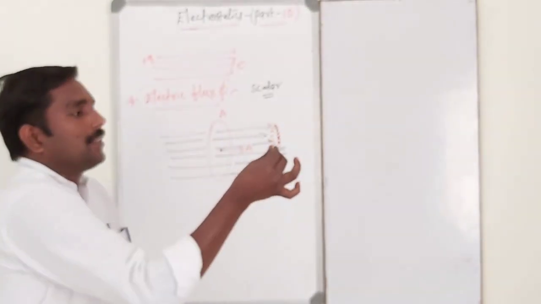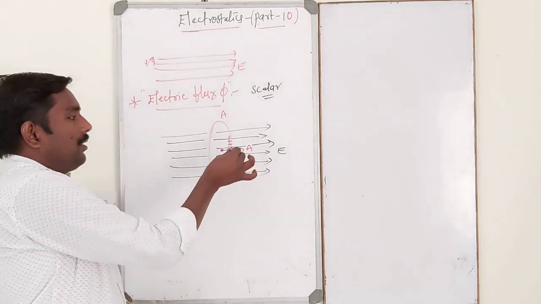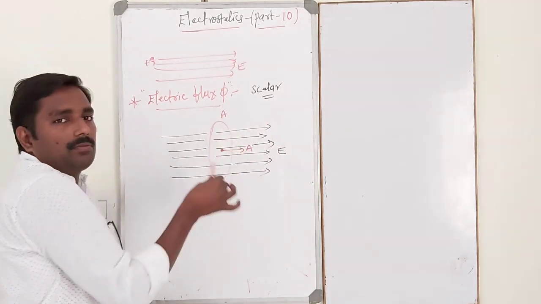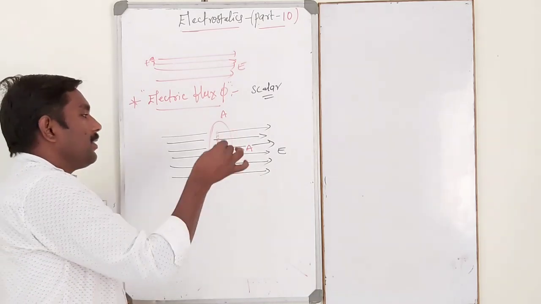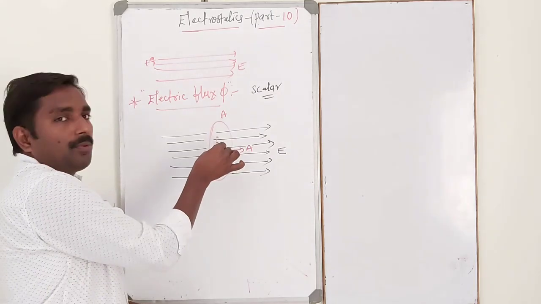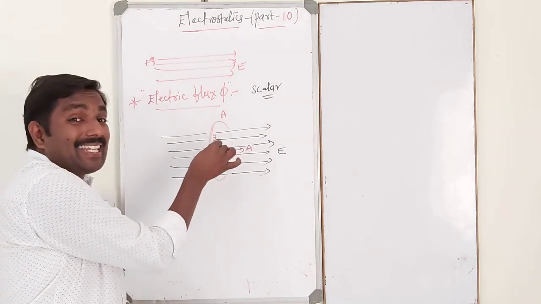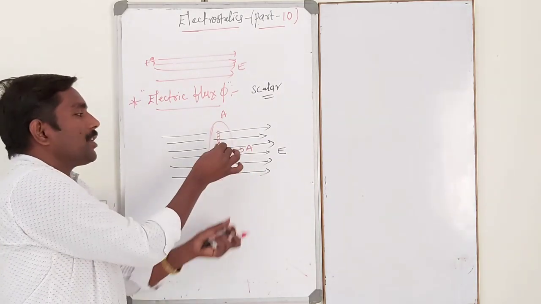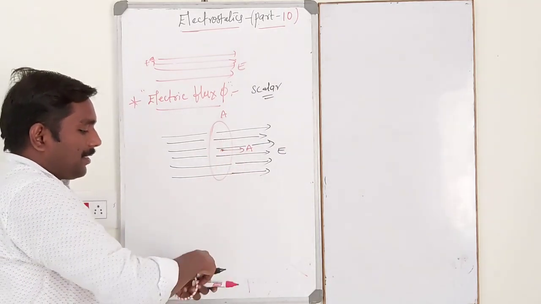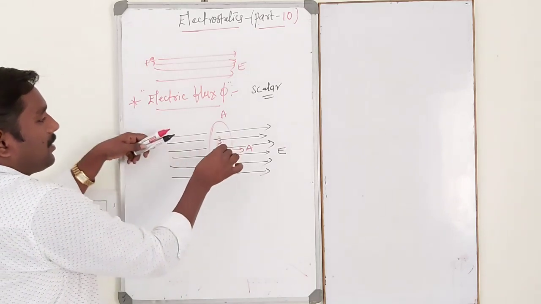Suppose this is a bangle. The bangle is inserted into the ball, inwards. Half of the bangle is inside the ball, half outside the ball, in this position. So the number of field lines pass through it, like this.